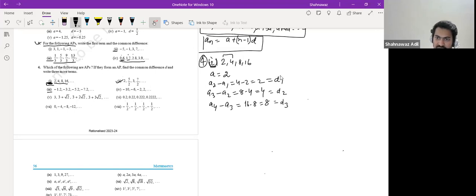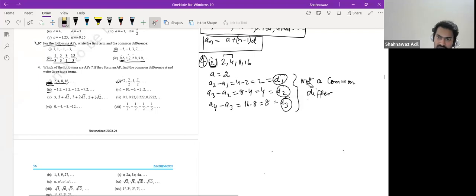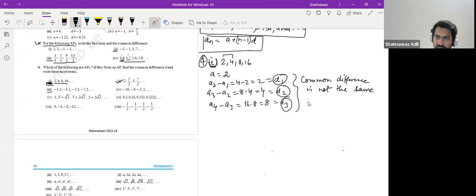The differences are totally different, not a common difference. The common difference is not the same, right, Shaima?